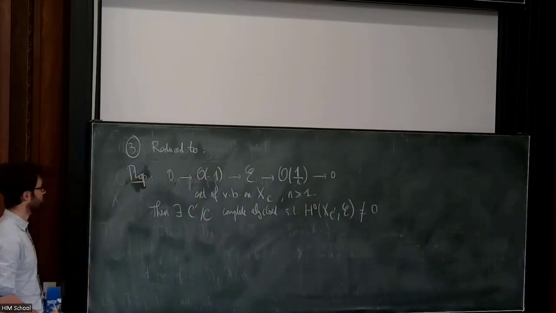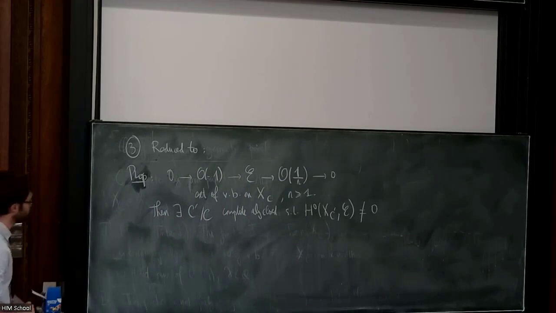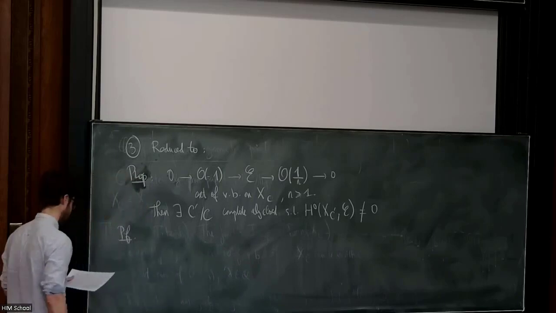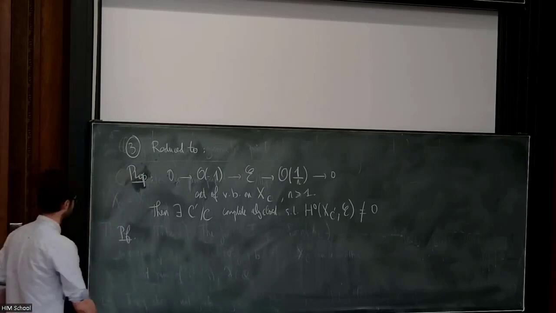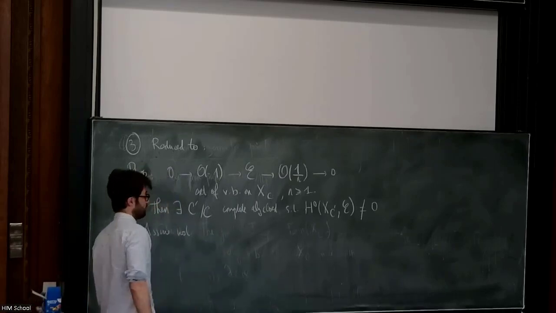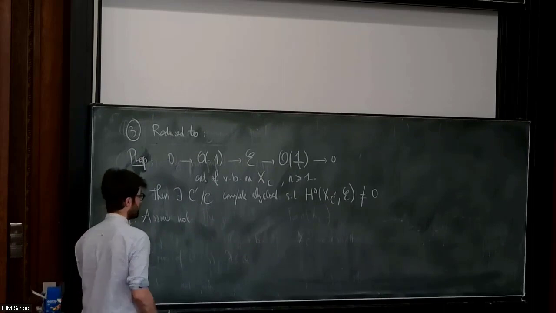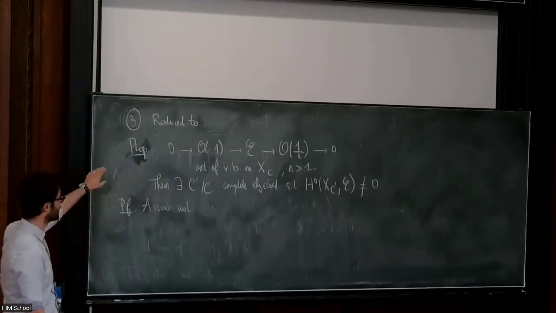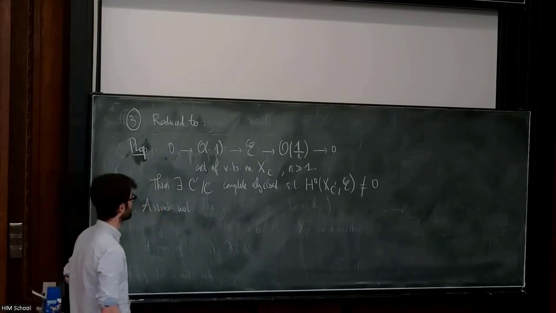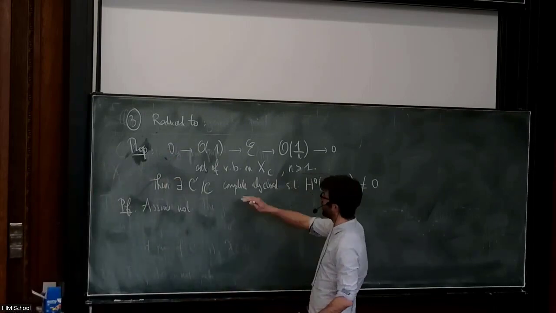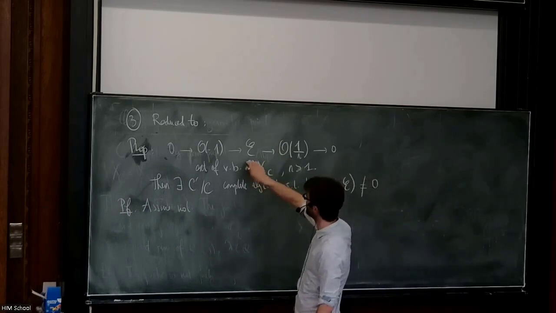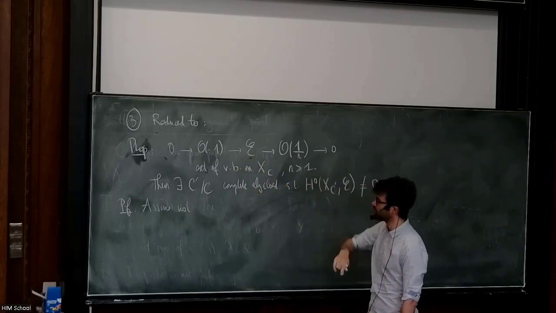And so this is where the proof of Fargues also differs from the previous proofs. So let me give the statement. So assume not. Let's try to argue by contradiction. So then what do we have? When we take cohomology of this short exact sequence, by assumption, for any algebraically closed perfectoid field extension of C, H^0 of this one vanishes.